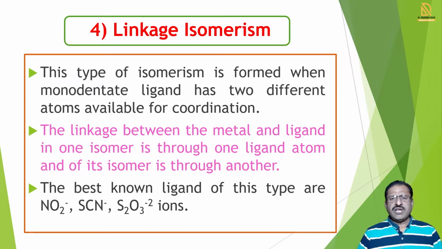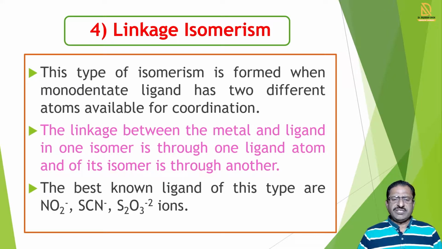So this linkage isomerism is formed when a monodentate ligand has two different atoms available for coordination. Means when in the ligand there are different donor atoms, but out of that only one is useful for donation and at that time the other remains inactive.